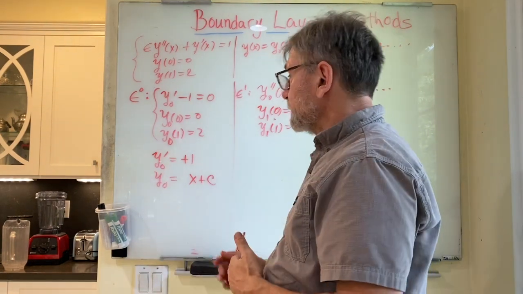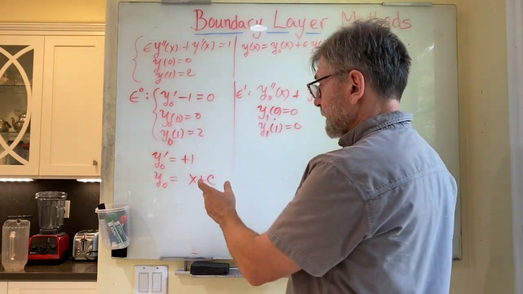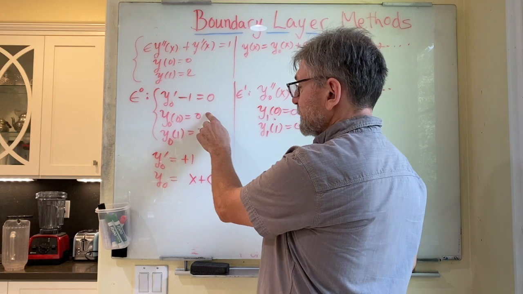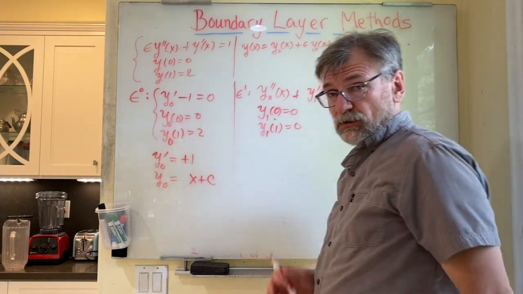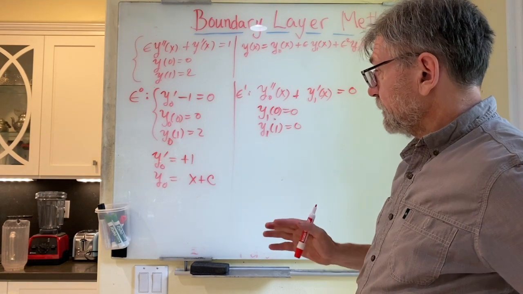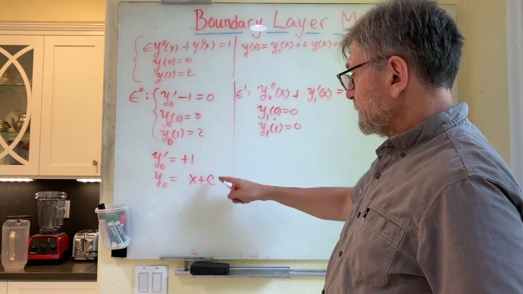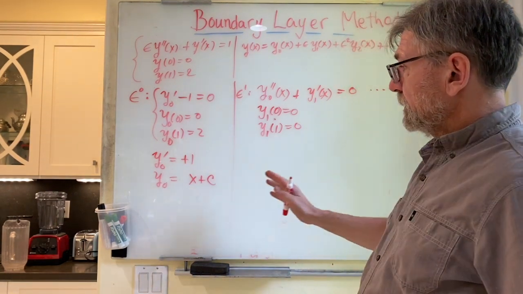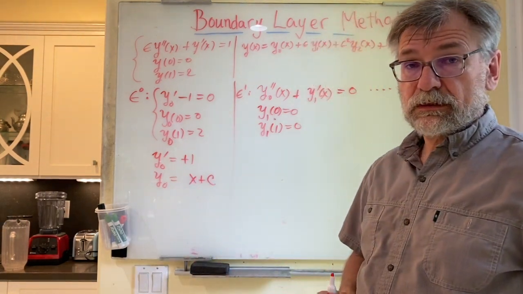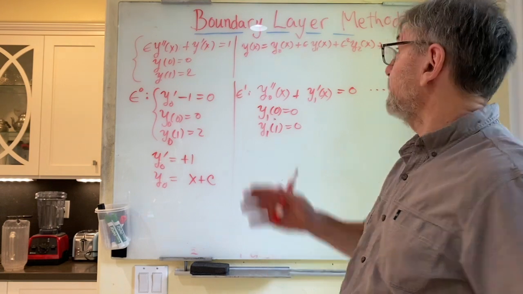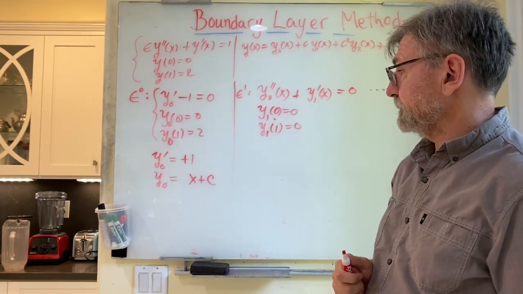Or we can do the alternative case where we are going to satisfy this boundary condition and assume that something different happens when we get close to x equals 1. So this time we're going to first assume that this solution is valid everywhere away from x equals 0, and that close to x equals 0, something else happened. We get what's called a boundary layer, which is the point of this.